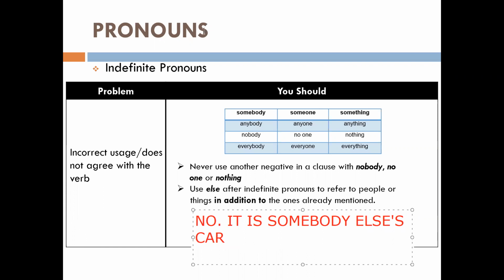Somebody else's, nobody else's car, everybody else's business. No one else's car, but everyone else's assignment. You put the possession on else with apostrophe s.